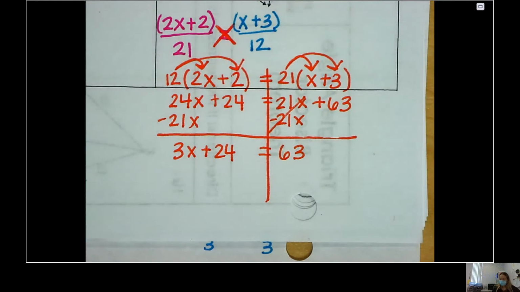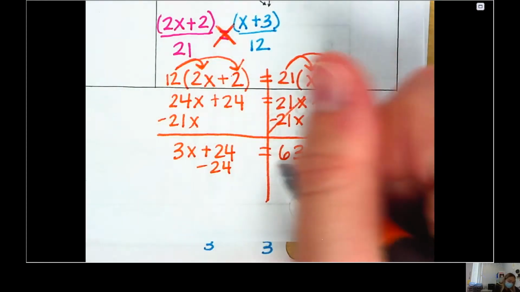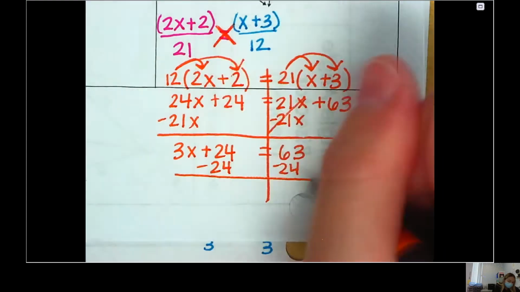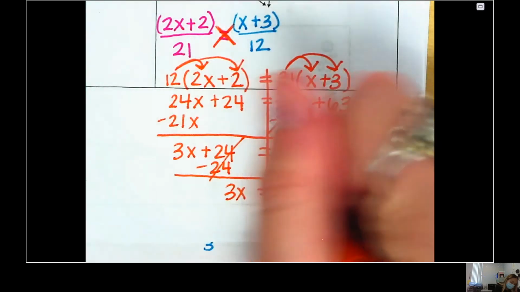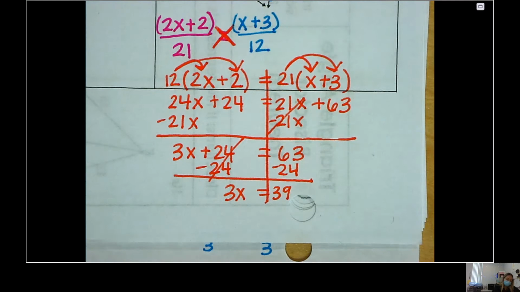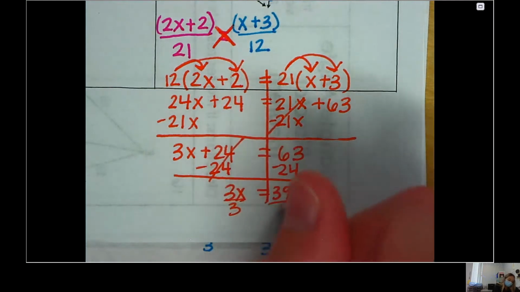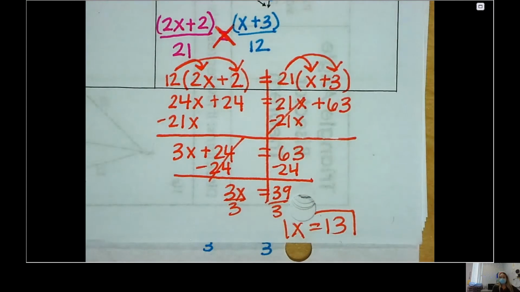And then I'm going to subtract that 24 from both sides. 3x equals 39. And then I divide both sides by 3. X equals 13. Perfect.